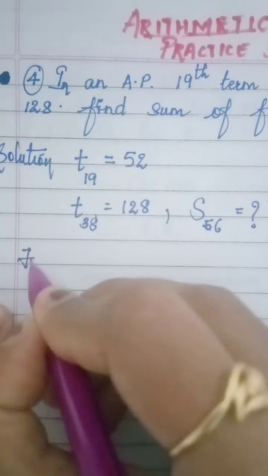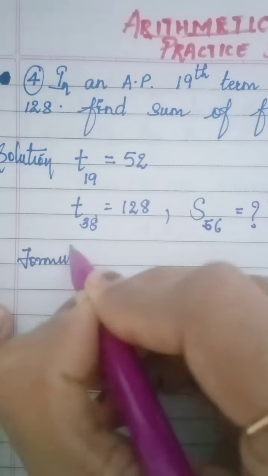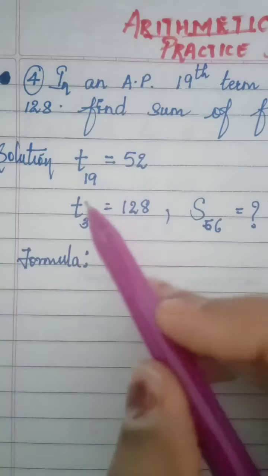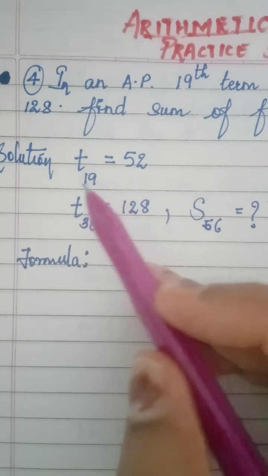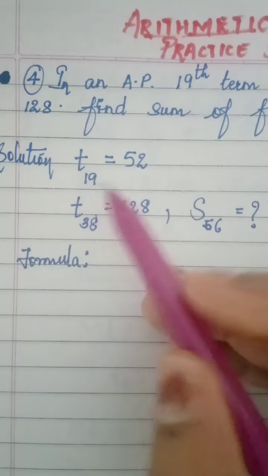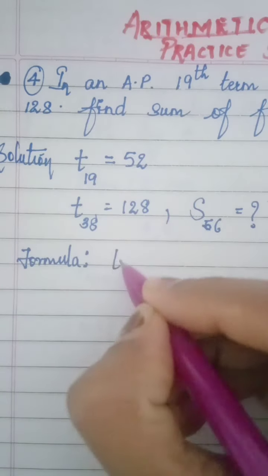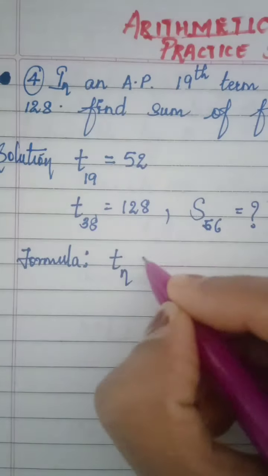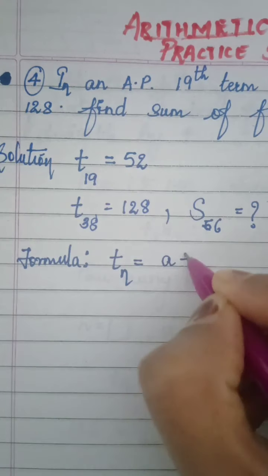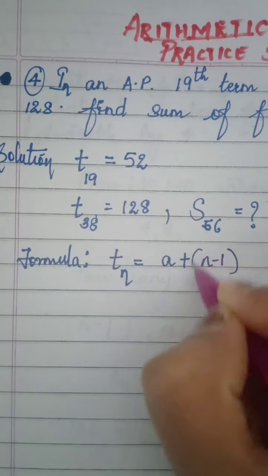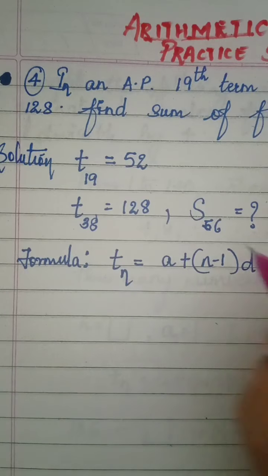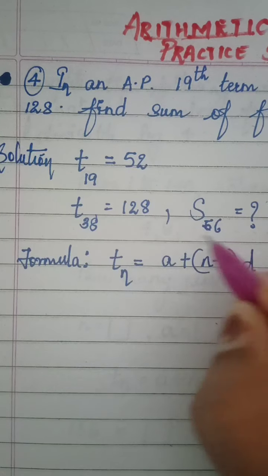Okay, so let us write down the formula that we are going to use. Which all formulas you know, you can write that. As we can see here, there is mention about the term. So the nth term formula is Tn is equal to A plus n minus 1 into D. Then there is a mention about the sum of terms.